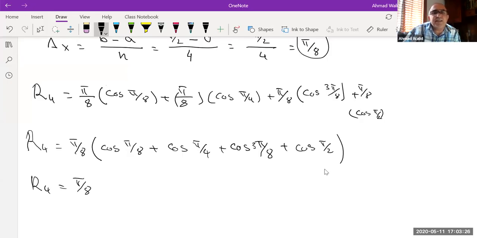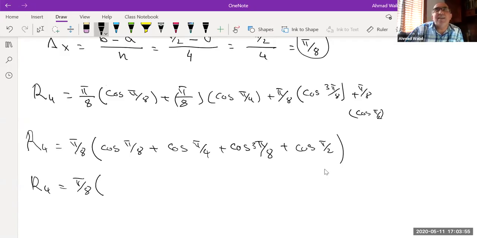Help me, please. Cosine of pi over 8. I don't have a calculator. Give me cosine of pi over 8. Use your calculator. Decimal or fraction is much better if you can find it in fraction notation, but decimal is still okay because you're looking for the area.